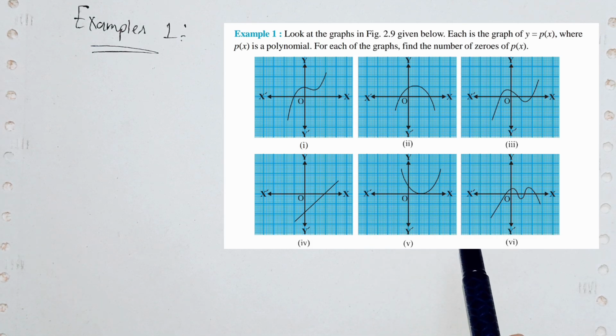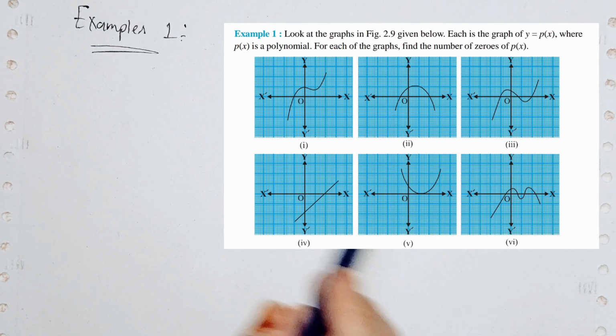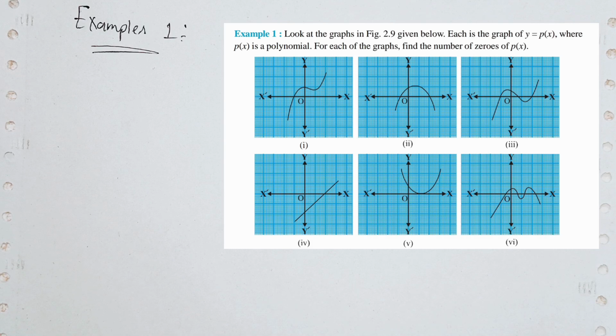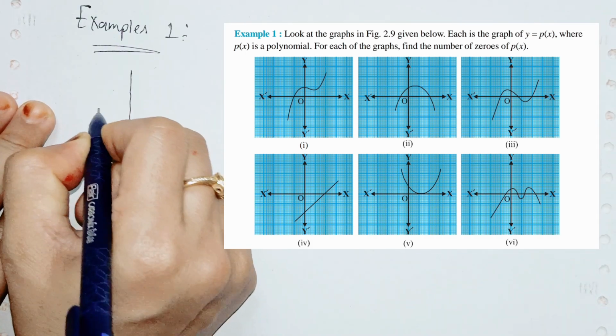For each of the graph find the number of zeros. So here in the question you have six pictures. Each graph is different from one another. So here what you have to find? You have to find out the number of zeros for each and every graph. So if you see the first picture, the first graph is in this form.